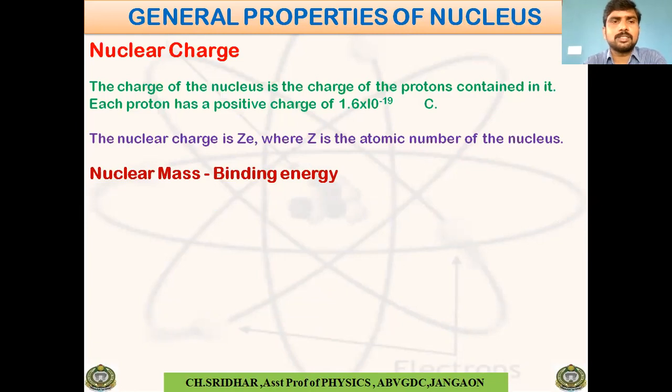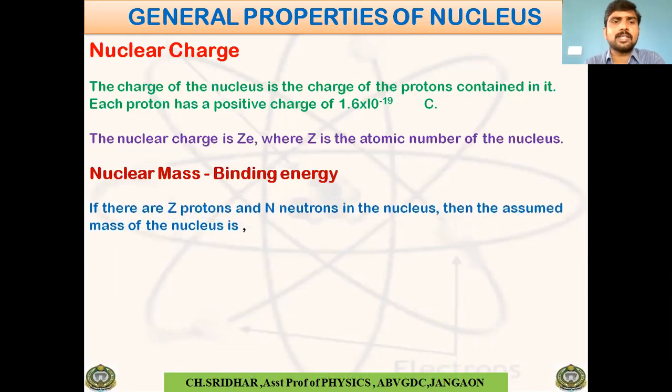Within such a volume, if we want to keep the protons intact, we have to have a stronger force, which overcomes the electrostatic force of repulsion between the protons. That is the force which is responsible for the nucleus being held together, and that binding energy will come from the nuclear mass.